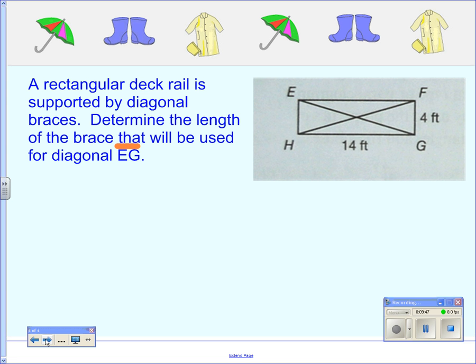Alright, a rectangular deck rail is supported by diagonal braces. Determine the length of the brace that will be used for EG.